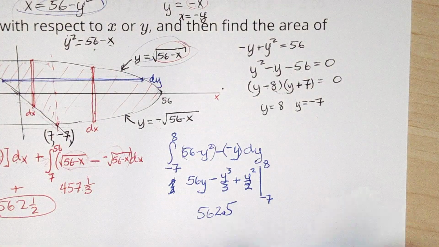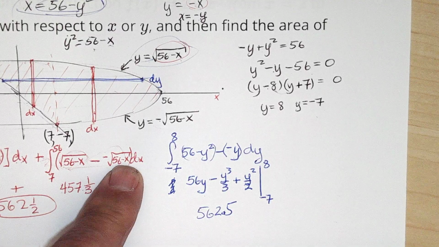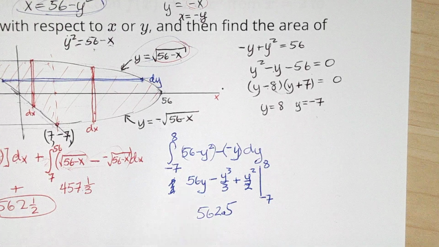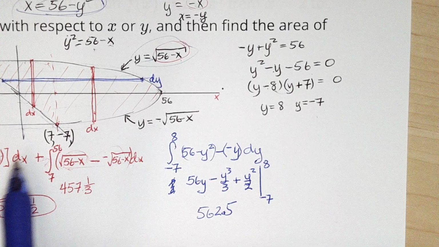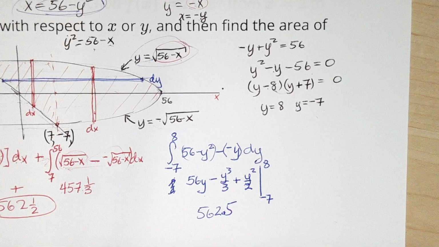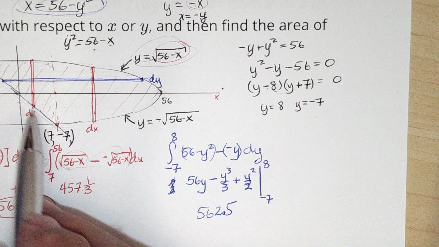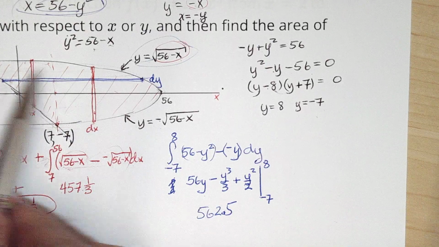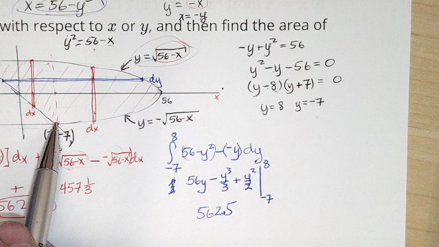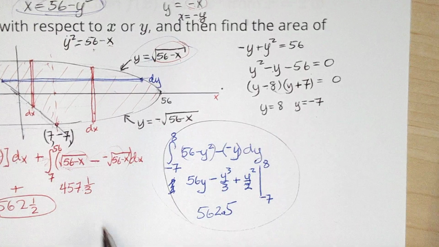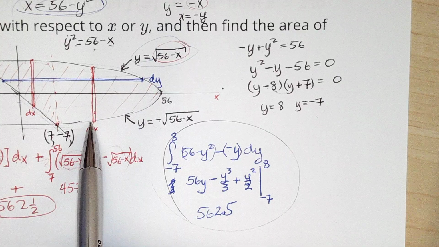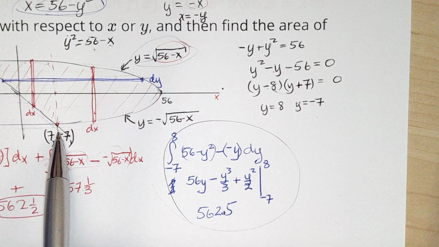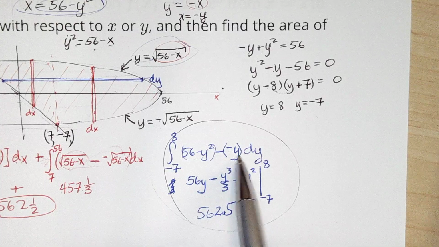So I can integrate this. Now I could actually integrate that the other way. I would do u sub for the 56 minus x, and I'd have a negative coming from it, and the integration of this becomes kind of challenging. Point of this problem: if it stays the same between the two curves all the way through, it's a little easier to do the right minus the left, the right equation minus the left equation.